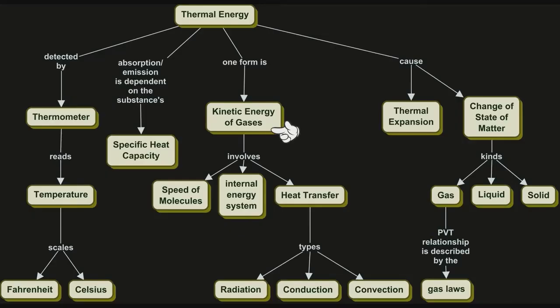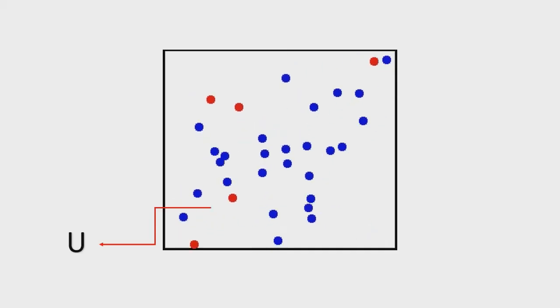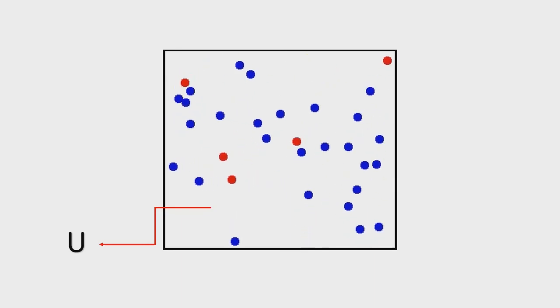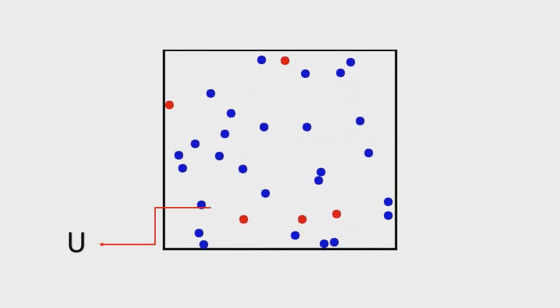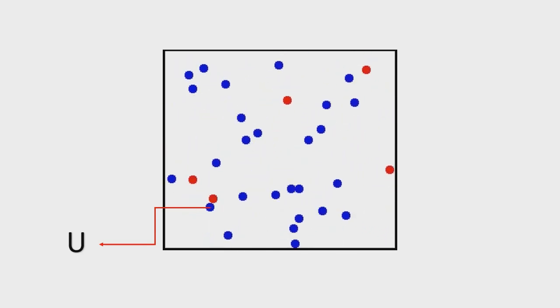Speaking of thermal energy, that can be visualized by the kinetic energy of gases. Kinetic energy is energy in motion, the motion of gases that involves the speed of the molecules of gases. As seen in the illustration, gas moves rapidly in a straight line. Gas does not have an attractive or repulsive force.